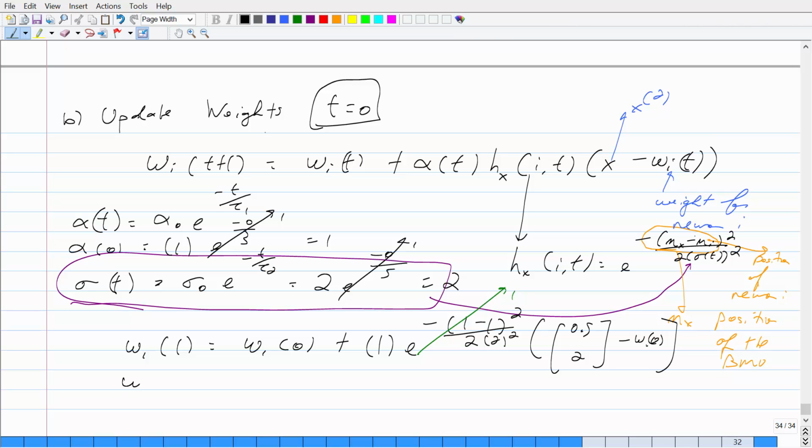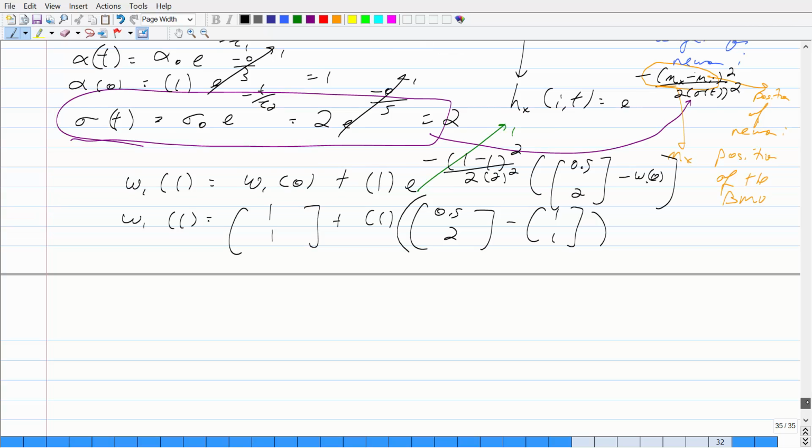So the update that you're going to apply is 0.5, 2, plus 1, and then, sorry, let me see here. Sorry, 1, 1, not 0.5. So 1, 1, plus 0.5, 2, subtract 1, 1. Okay? So when you actually compute this, what you get is by fluke the same thing.